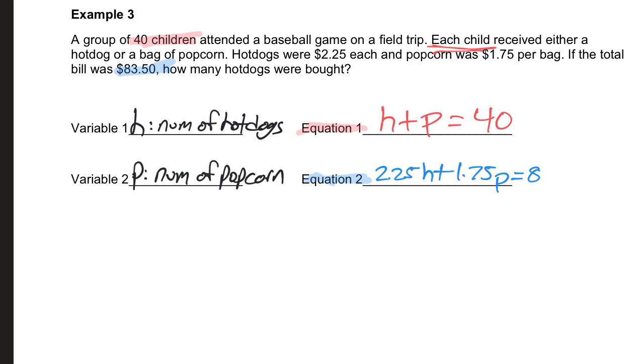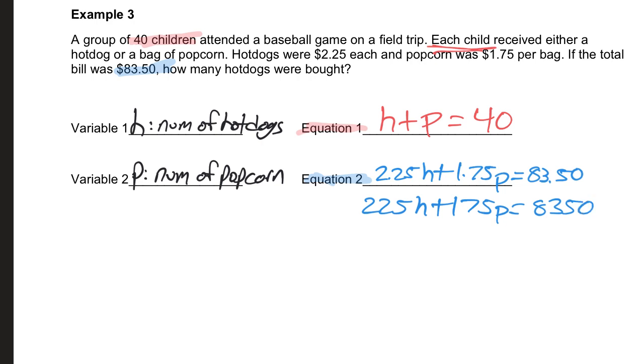That totaled $83.50. Now, one thing we do is our trick from the last lesson, get rid of my decimals and write this as 225H plus 175P equals 8,350. I just dropped the decimal points there.